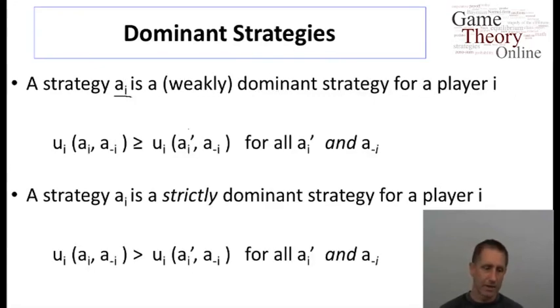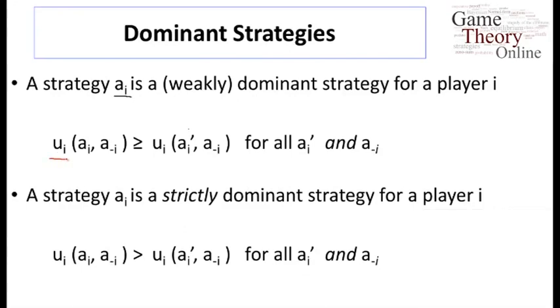Mathematically, it looks like this, and this is an opportunity to again get comfortable with the notation. So the utility for agent i, and let's remember, what is the argument to a utility function? It's a vector, the actions by all agents. But here we break it up into two components: the action by the agent himself or herself, a sub i, and the actions of all the other agents. A sub minus i will always mean the actions of all agents except agent i.